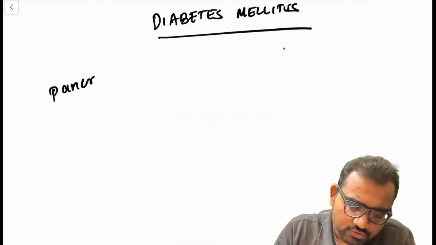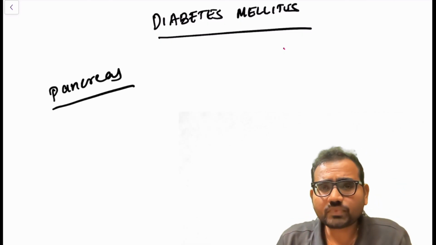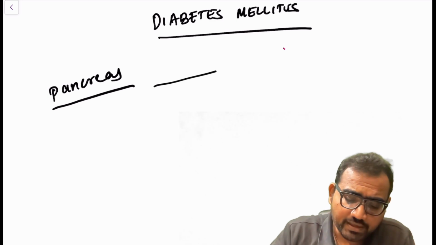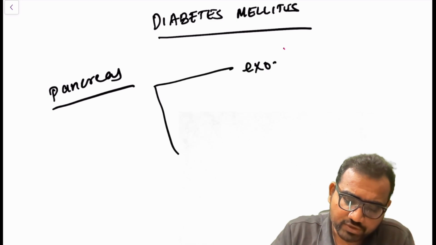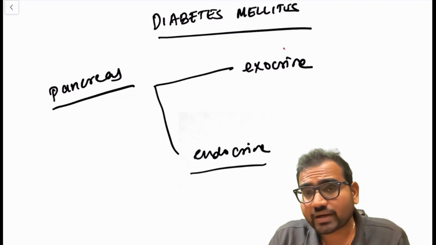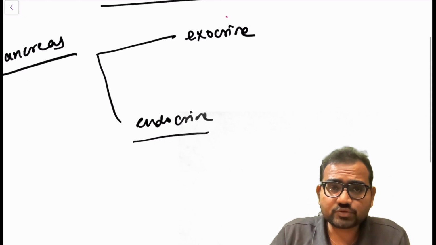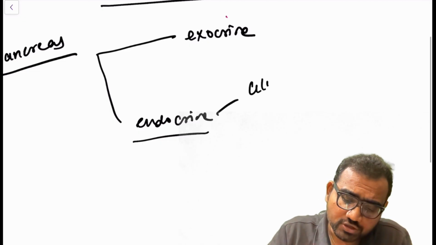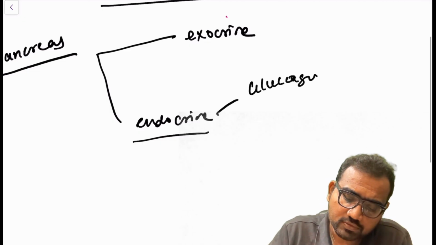Okay, so the pancreas has two functions. It has exocrine and endocrine functions. Endocrine means glands like hormones, right? So the endocrine function of the pancreas, if you see, is the secretion of glucagon and insulin.